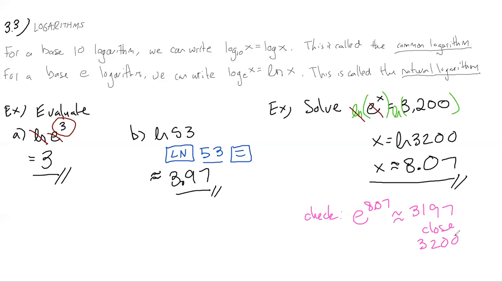A little bit of error, and that is going to happen. If I wanted closer, I would just keep more decimal places. But that's pretty much the x that I wanted. So that looks good for x. That would be the gist. From this point forward, you're going to see these ln's and logs without anything written underneath them. So you just have to know that one's base 10 and one is base e.